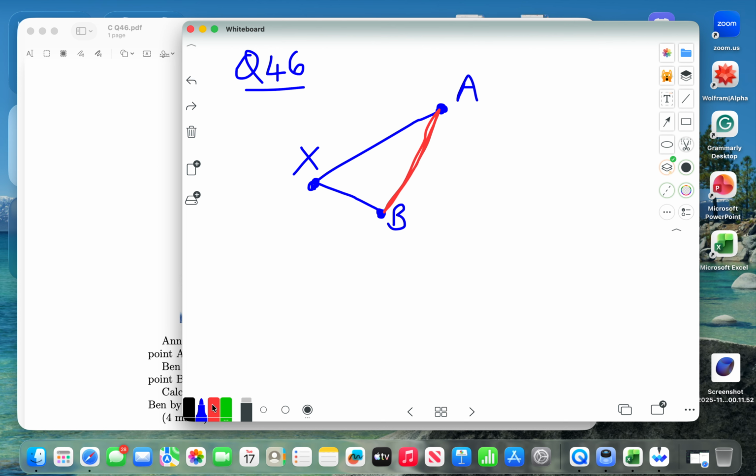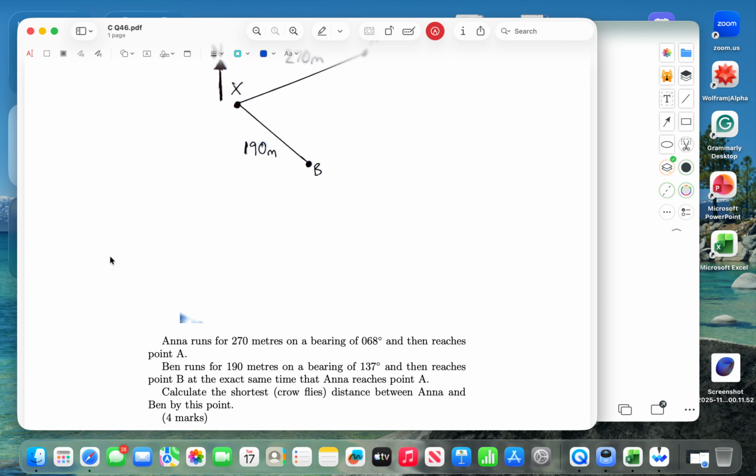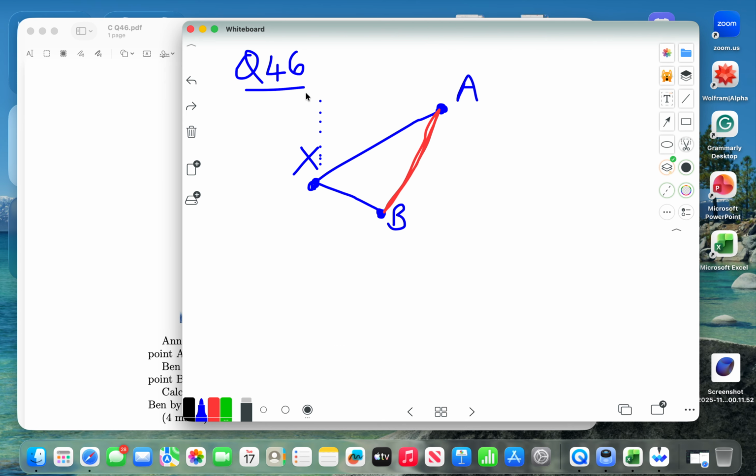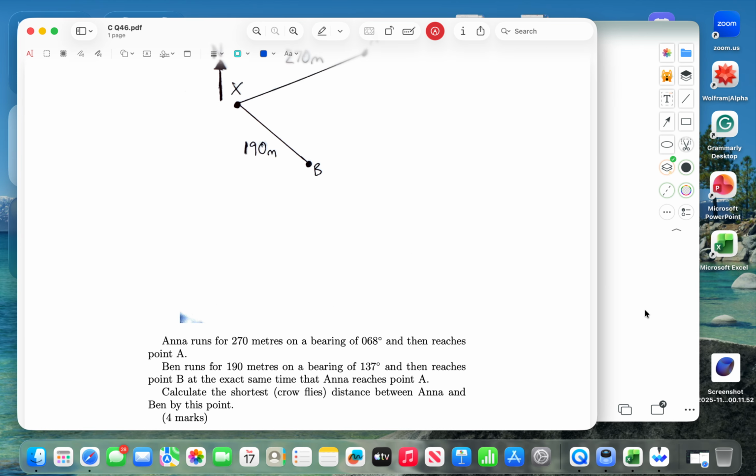But if we know that the bearing from X to A is 068, this angle is 68 degrees, and this angle in red is 137.